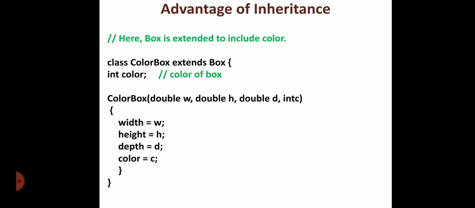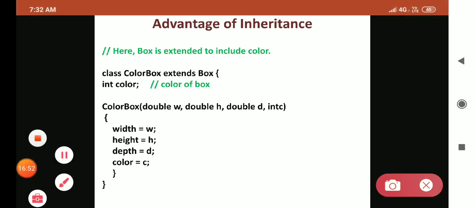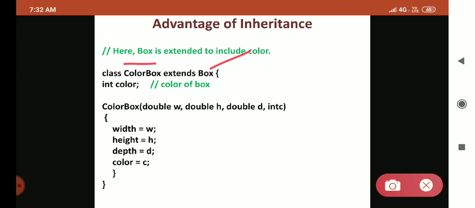Now there may be different requirements, like we may want to add the color of the box. Even in that case we can extend Box. See here, ColorBox extends Box. So the Box class remains the same, and those three parameters, width, height, and depth, can be used by many subclasses because they are already available. The only thing is we need to extend. So here we have extended color in this class. Likewise we can have many subclasses according to our requirement.